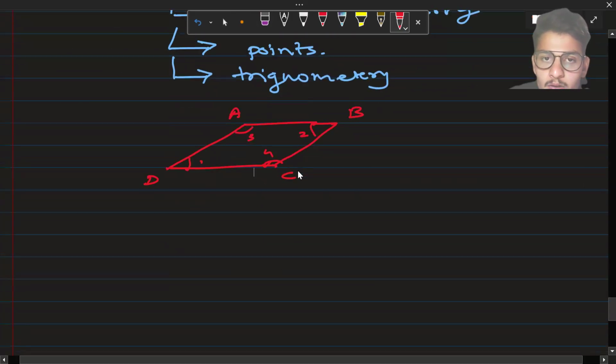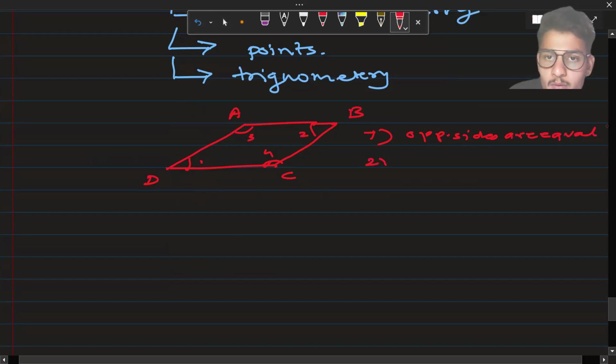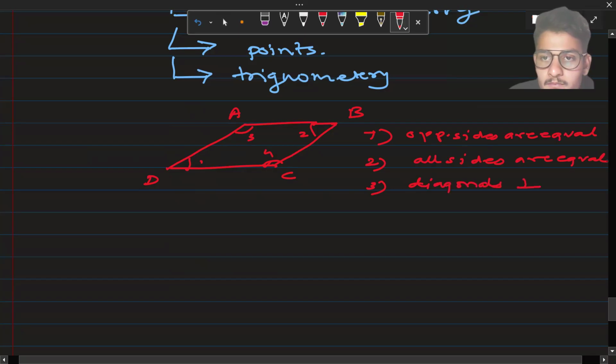First property is opposite sides are equal. Second property is all sides are equal. Third property is diagonals are perpendicular. Fourth property is what? We will be using these properties in this question.